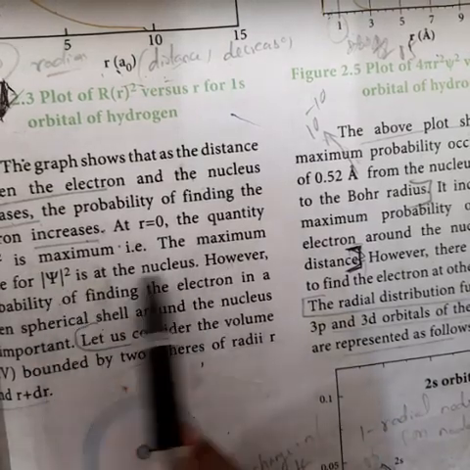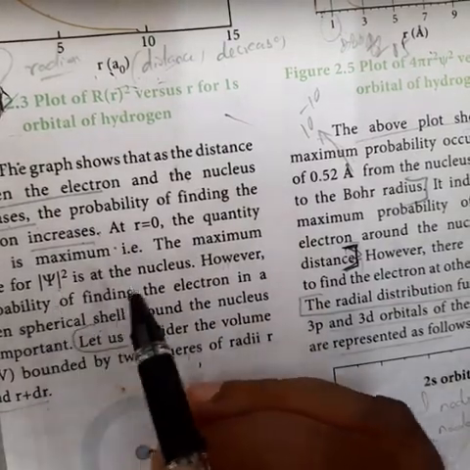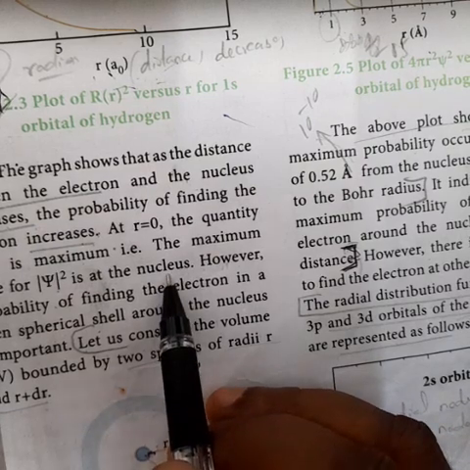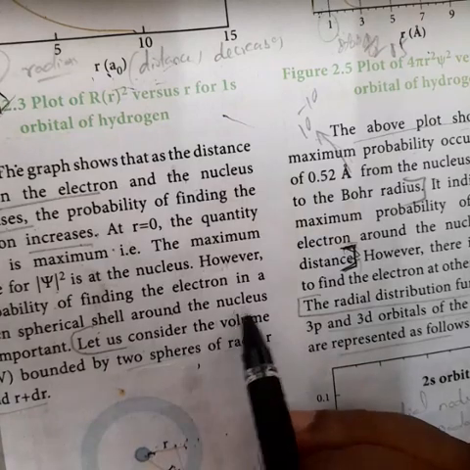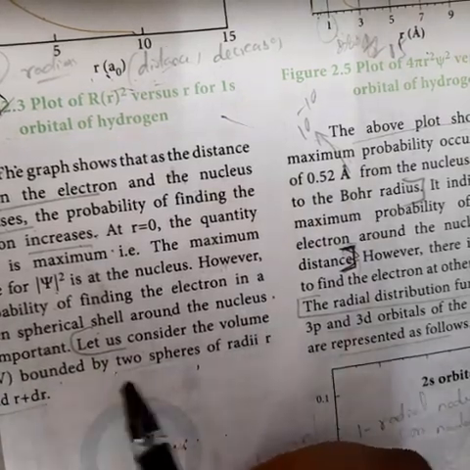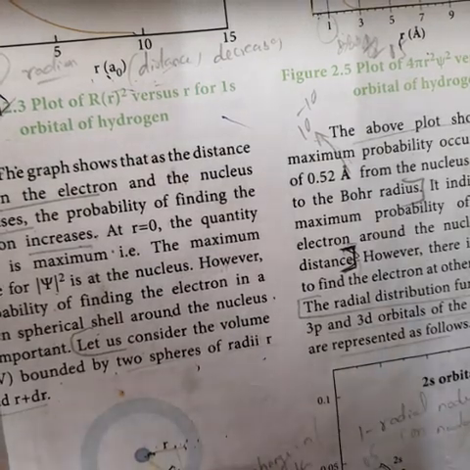The maximum value for ψ² is at the nucleus. However, the probability of finding the electron in a given spherical shell around the nucleus is important. Let us consider the volume dV bounded by two spheres of radii r and r plus dr. Consider this as the volume of a sphere.